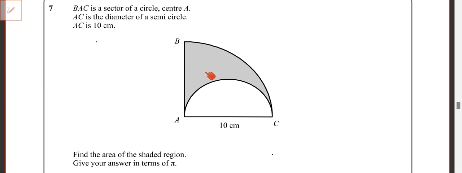That's the normal way. When you've got these, work out the shaded region, what we normally have to do, all right? So the shaded area is normally the large area minus the small area. That makes sense?